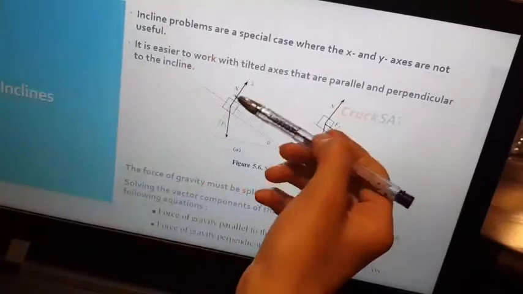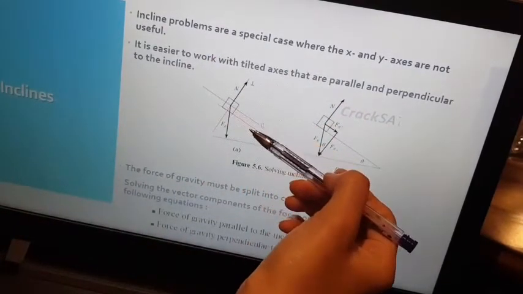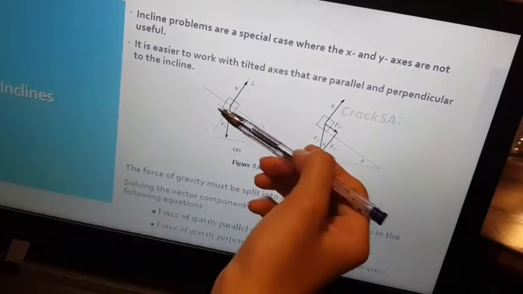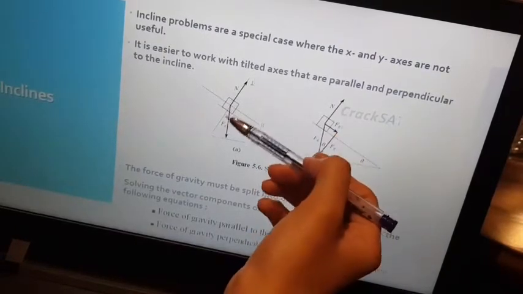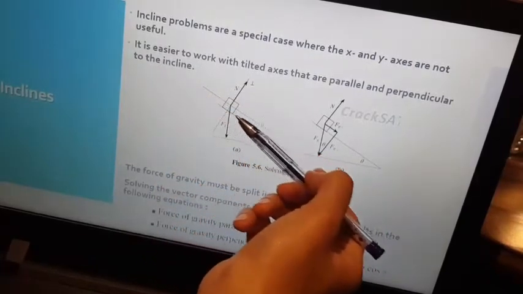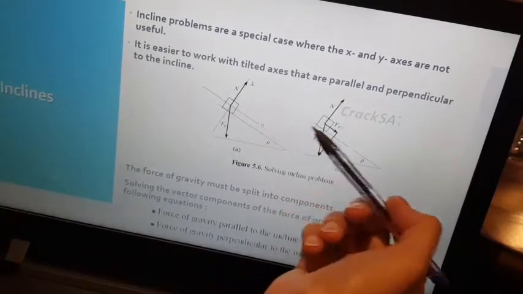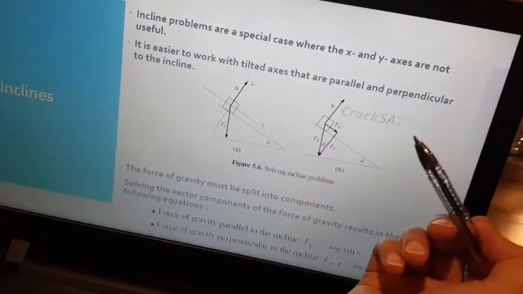How? Just draw a line perpendicular to the tilted, or inclined, surface. This one we call the y-axis. Then we draw another one parallel to the surface. We call it the x-axis. Then we continue solving. Why do we want to do this?